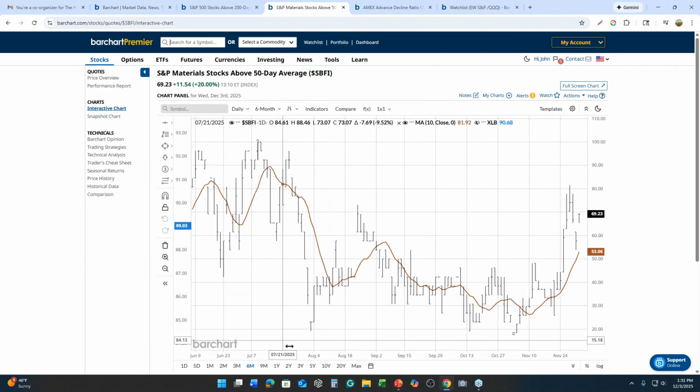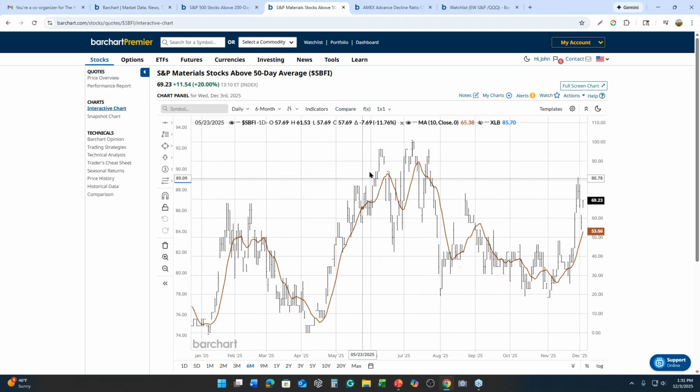And again, notice that back in the summer, literally early in July, every stock in the materials sector was above its 50-day moving average. But what happened? We fell very quickly from a very strong market breadth above 70 to 50, and from 50 down to 30.